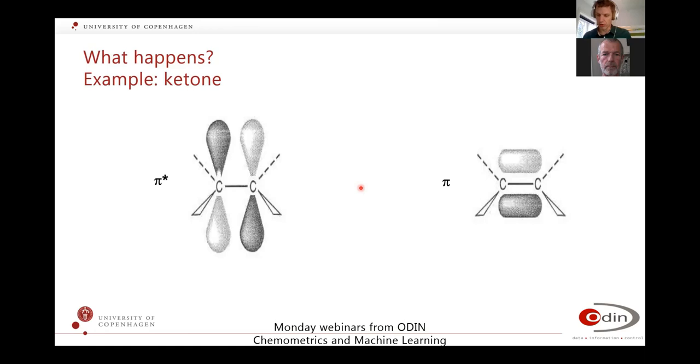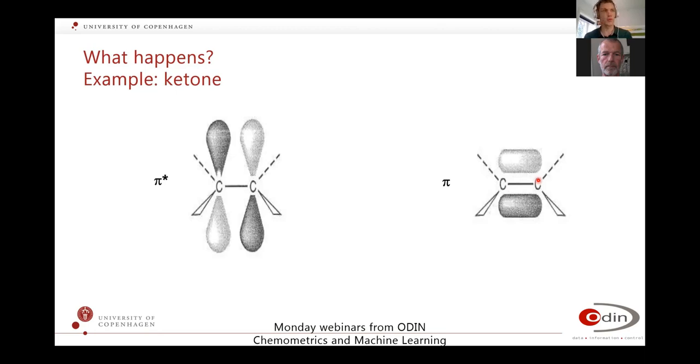In order to give you an idea about what type of molecules you can see, I would like to give an example here. It's relatively simple for some, maybe very advanced for others, but these are what we call pi bindings between two atoms in a molecule. Here we have the pi binding between two carbon atoms, which means you have a double bond.